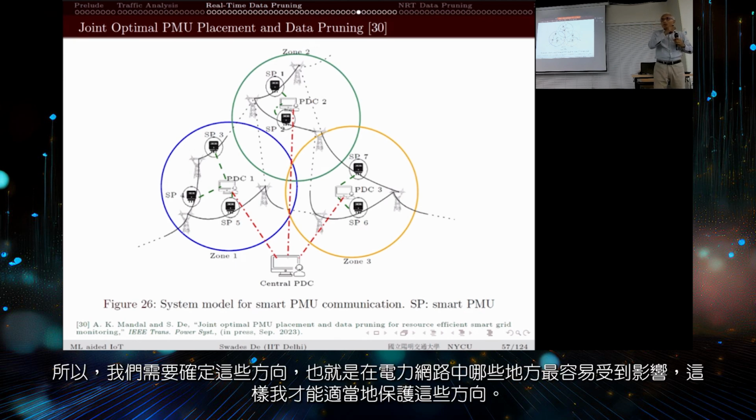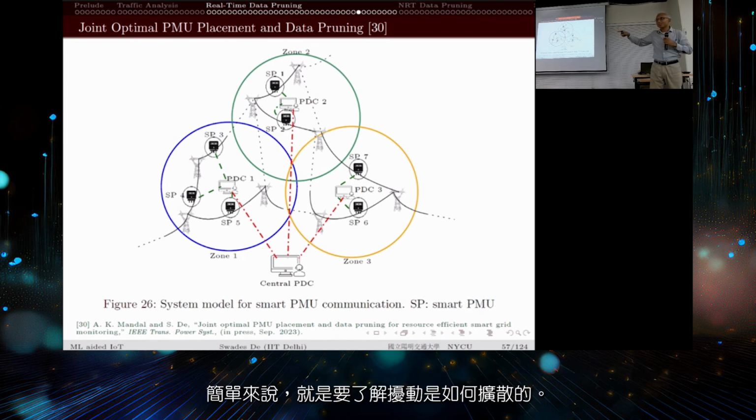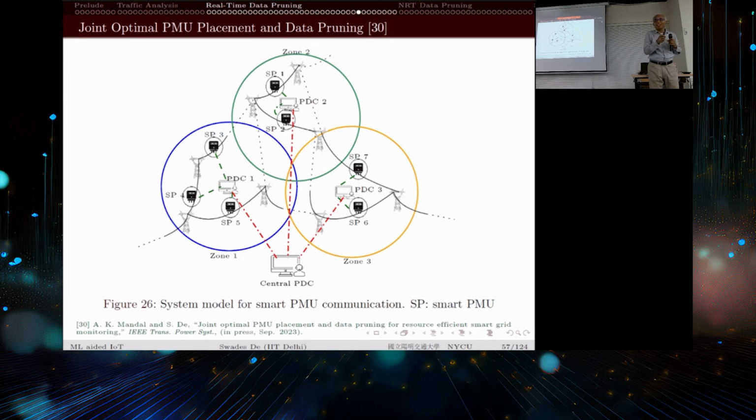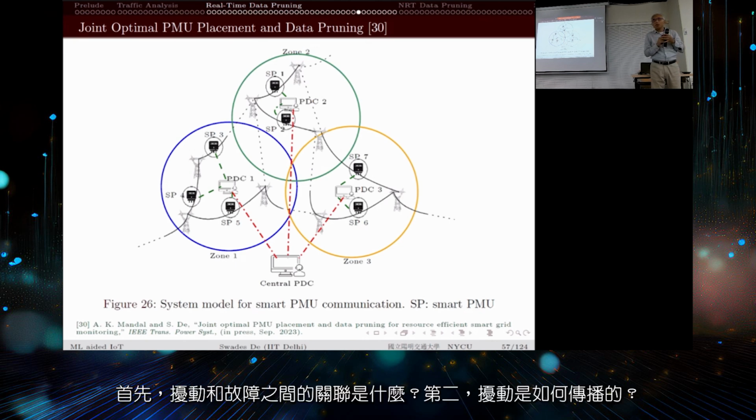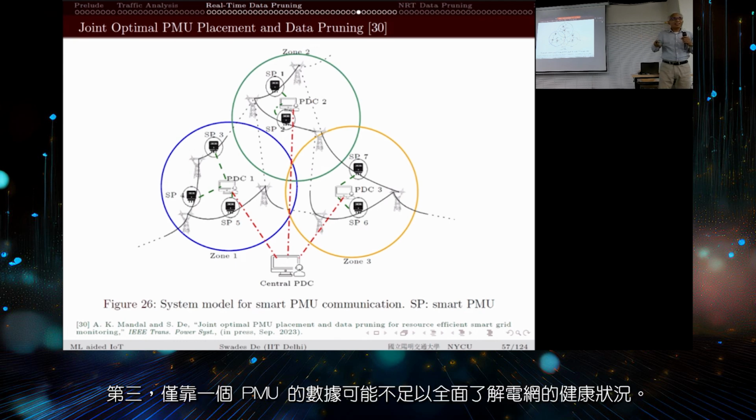So basically, what are the vulnerable directions in the power grid, so that I can protect those directions appropriately? Meaning, how the disturbance propagates. First of all, what is the connection between disturbance and failure? Second, how does the disturbance propagate?